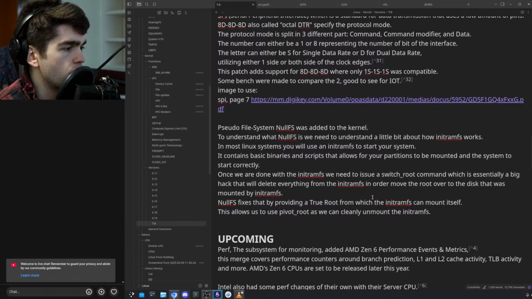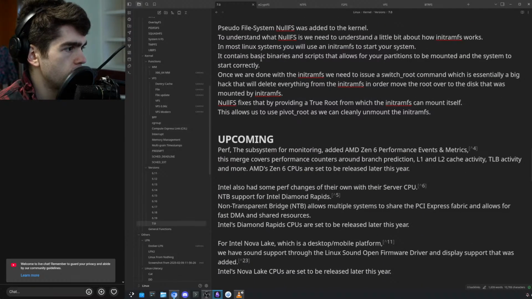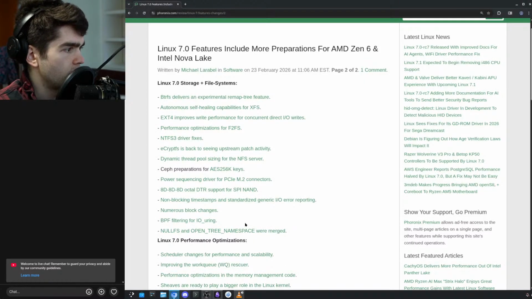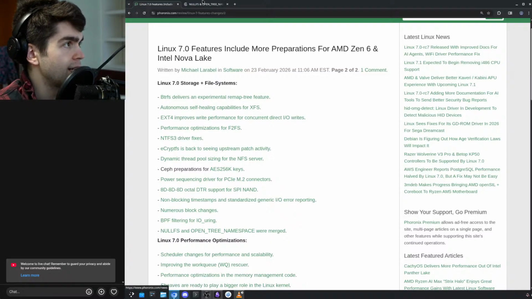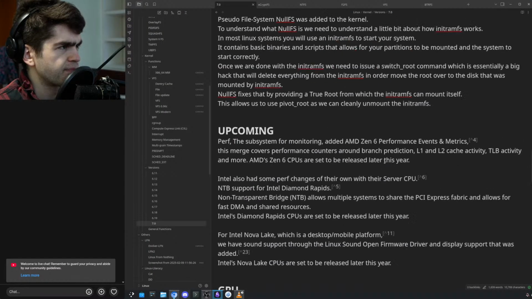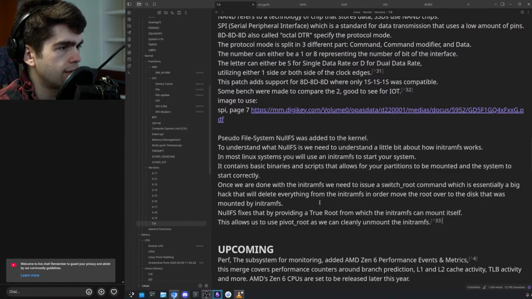This allows us to use the pivot root as we can cleanly unmount the initramfs. I don't know if I want to go deeper into this, but I find it cool. Anyway, so that's nullfs. Oh yeah, I wanted to put the link. Here we go.